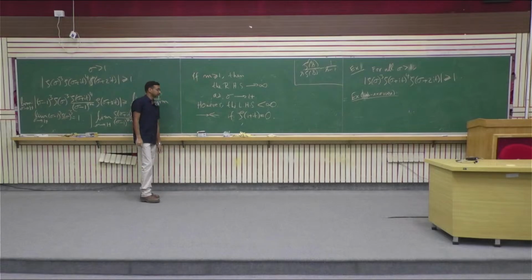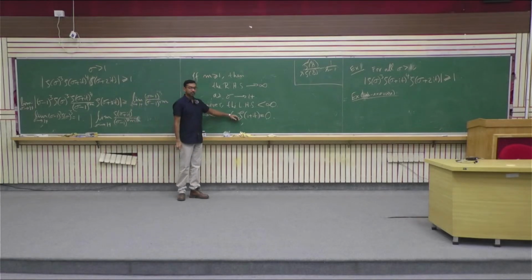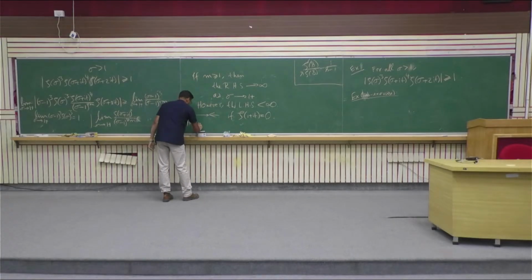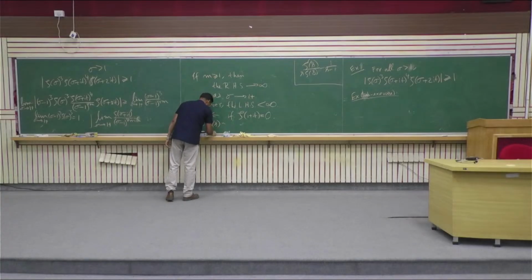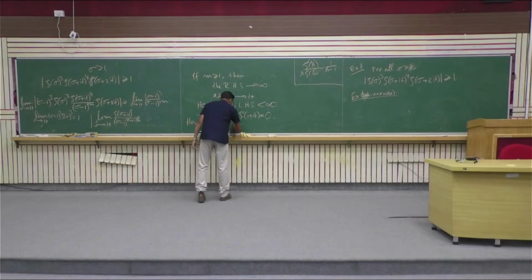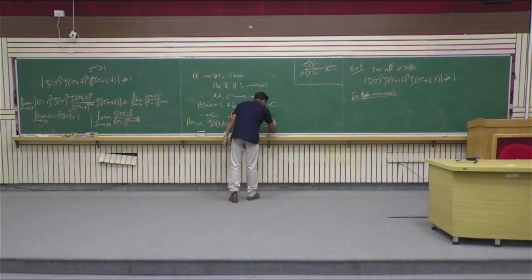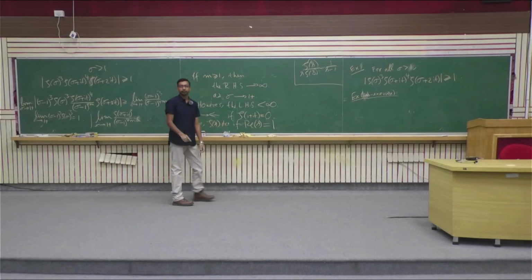In other words, the Riemann zeta function doesn't have a 0 on the line where the real part of s is equal to 1. Zeta s is not equal to 0 if the real part of s is equal to 1.